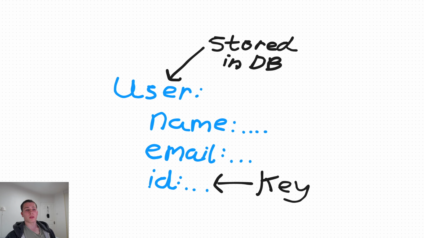So you might have a user with the same name and the same email, but the ID cannot be the same, right? If you want to access this later, you would ask the database for this user with this identifier, and the database would give it back to you. So that's how objects are stored behind the scenes in the database, and then they can be accessed later by the website.